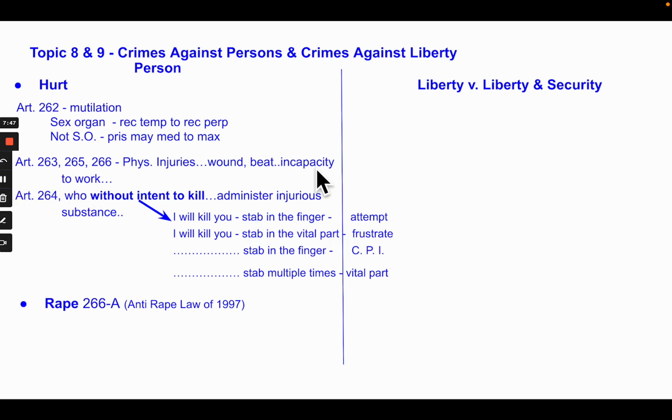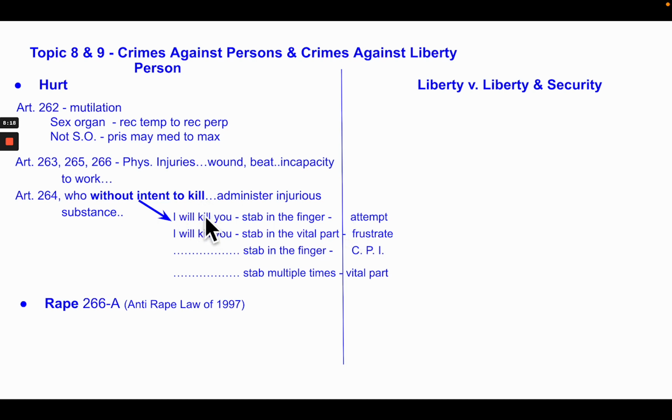Though this is not part of the syllabus given by Justice Leonen, I should say, if you look at Article 6 of the Revised Penal Code, what is an attempted crime? There's an attempt when the offender commences the commission of the felony directly by overt acts, like stabbing, but does not perform all the acts of execution which should produce the felony.